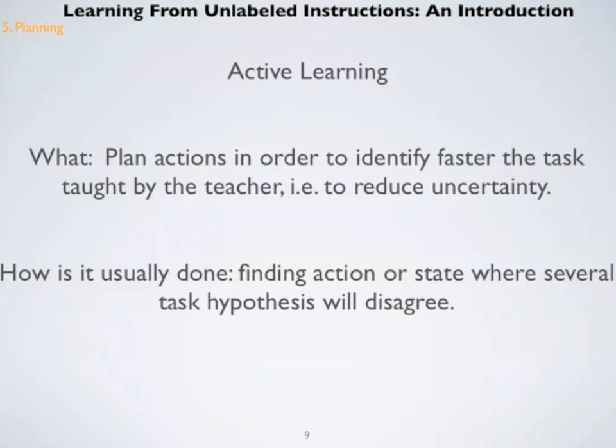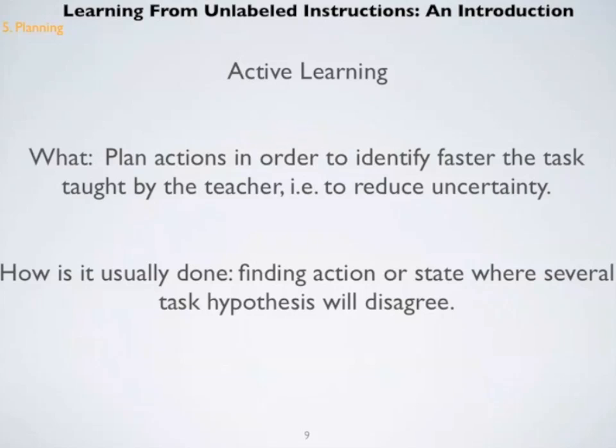Usually, in the kind of scenario we consider here, when the robot knows a set of possible tasks, we can see this problem as a lying oracle problem. Let me explain this. We can see each hypothesis as represented by an oracle that predicts what the user will say for a given action in a given state.